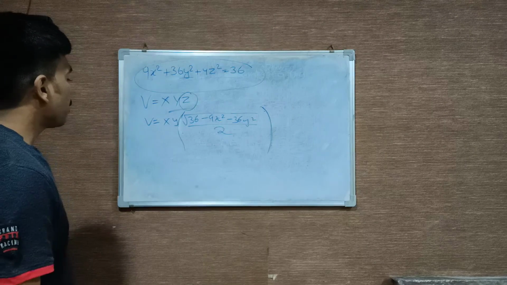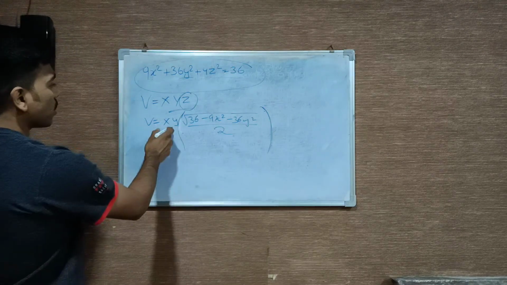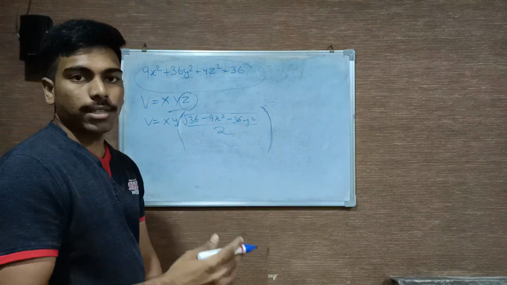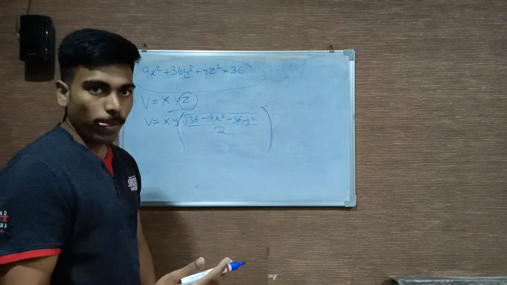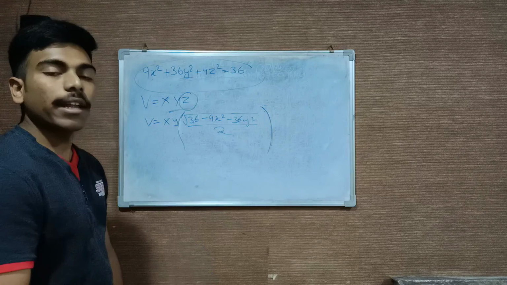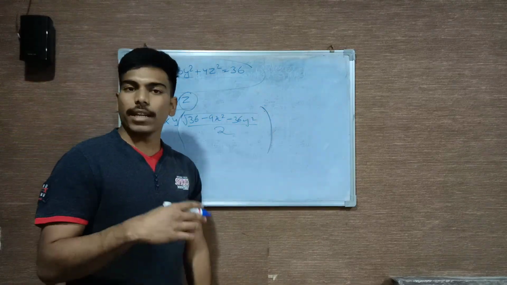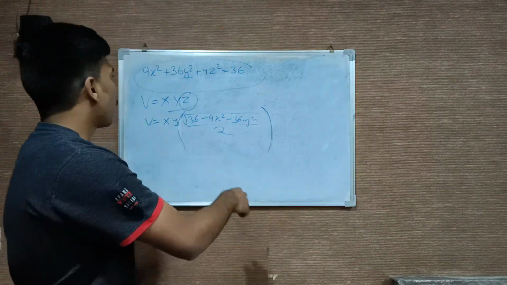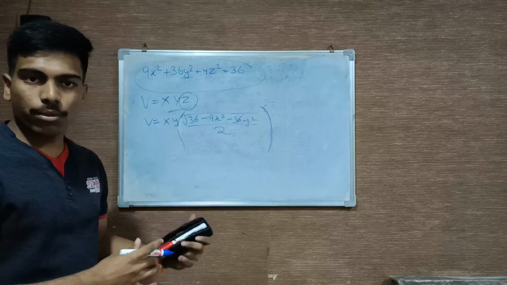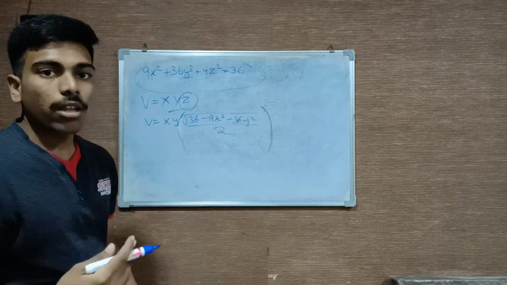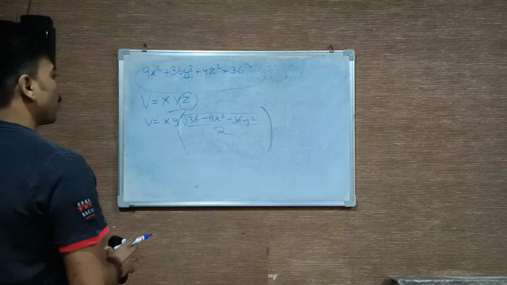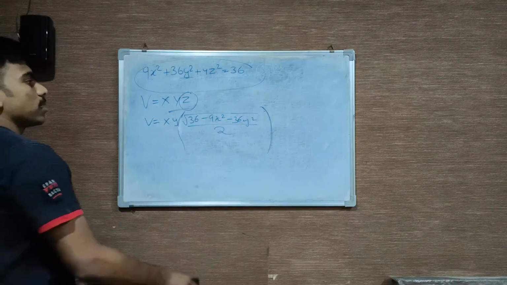So we need to take the first order derivative both with respect to x and y. Then we equate both of them to 0, and we get x and y values. After getting x and y we can find the value of z, and after finding all three of them we can substitute them in the volume to get the final volume. So now let me solve this and come back.